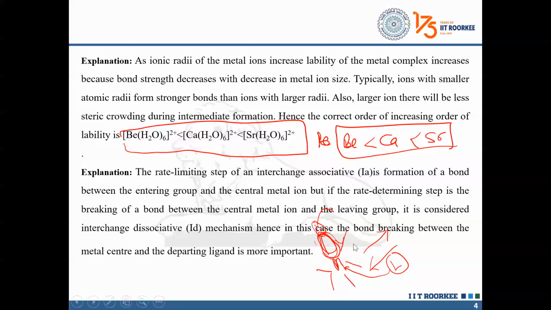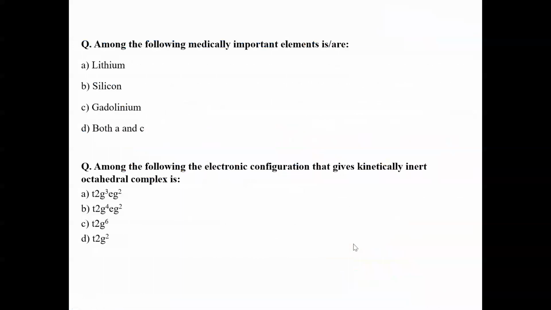Moving to the next two: among the following medically important elements you have to select lithium, silicon, gadolinium, or both A and C. In the theory part, you have already studied the medical importance of these trace elements. The next one is: among the following, the electronic configuration that gives kinetically inert octahedral complexes.